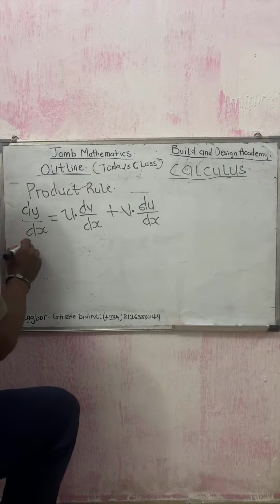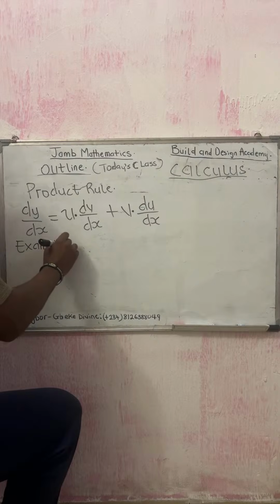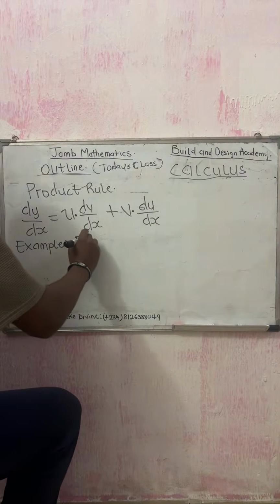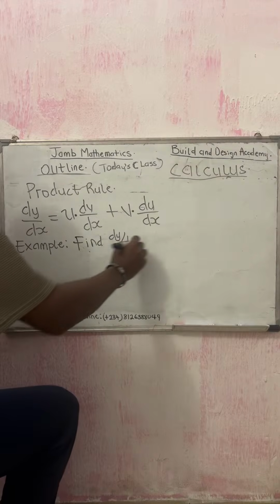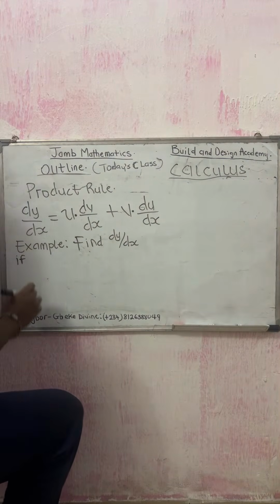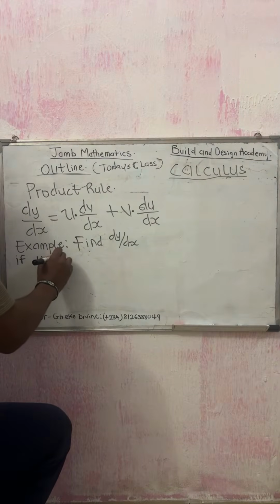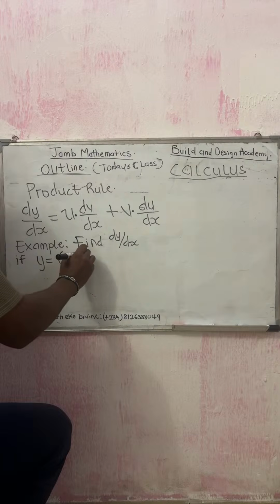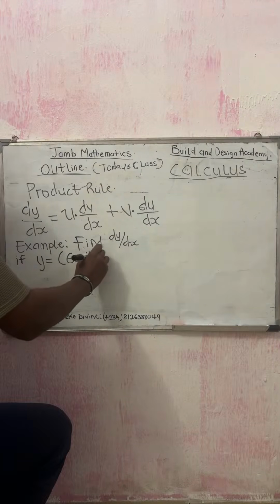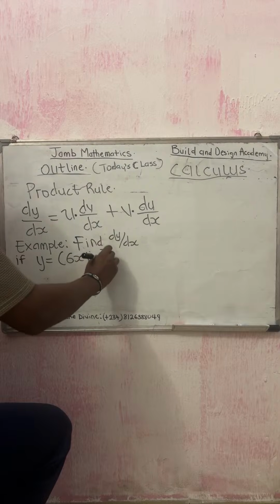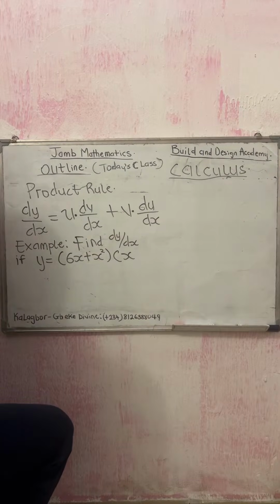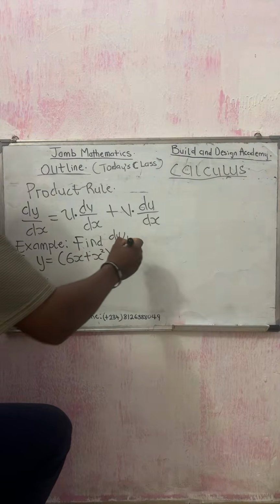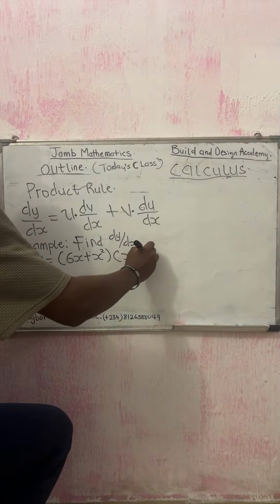Now the example says: find dy over dx if we are given y is equal to, in bracket, 6x plus x raised to power 2, times, x cubed plus 3.